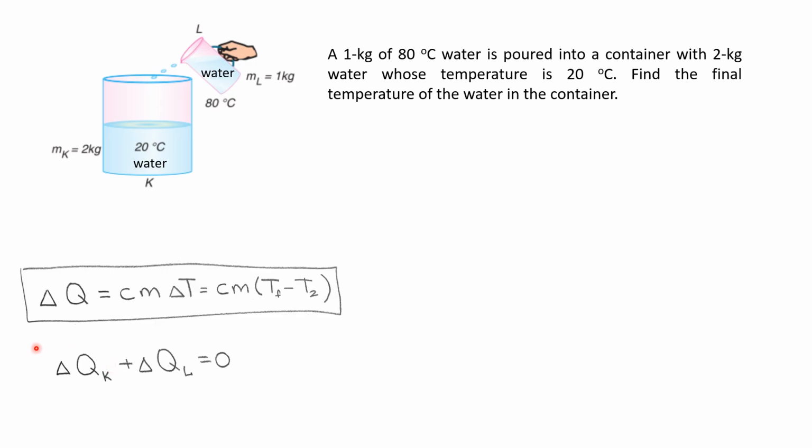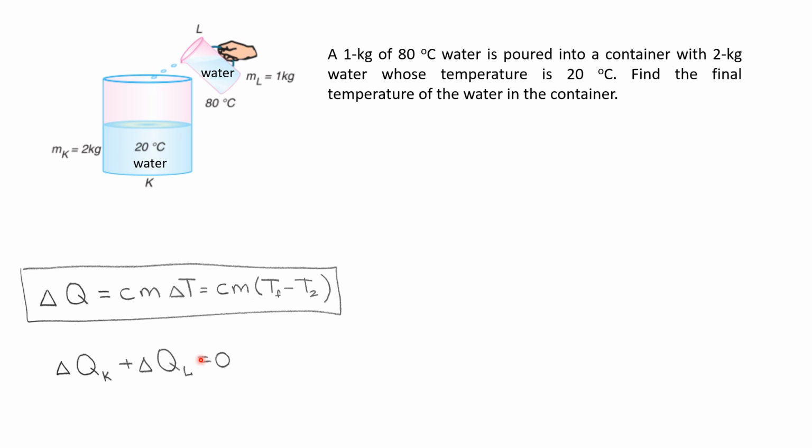So in this particular case, the change in the amount of heat in K plus the change in the amount of heat in L should equal 0, because K will gain and L will lose heat, and it should add up to 0.